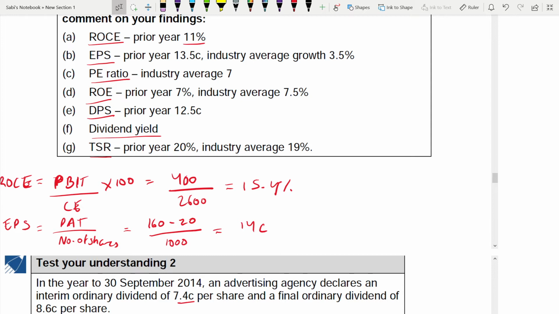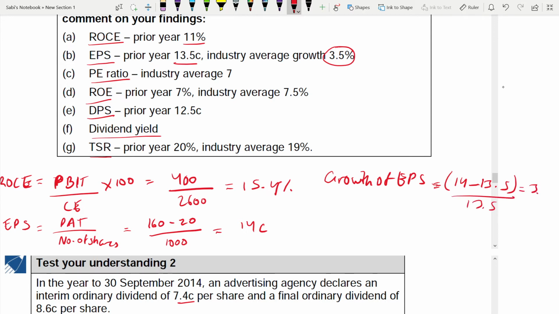Now you have compared with this, but what about the 3.5%? You have to find the growth of EPS. So the growth of EPS is 14 minus the previous year, 13.5, divided by 13.5, so it is 3.7%, which is again good.